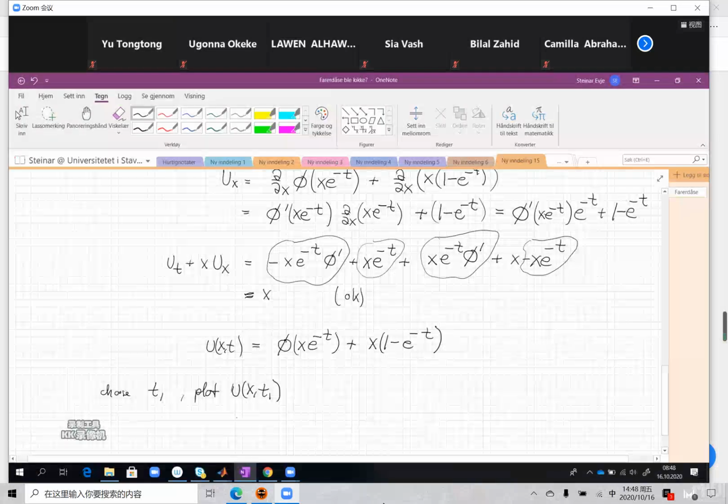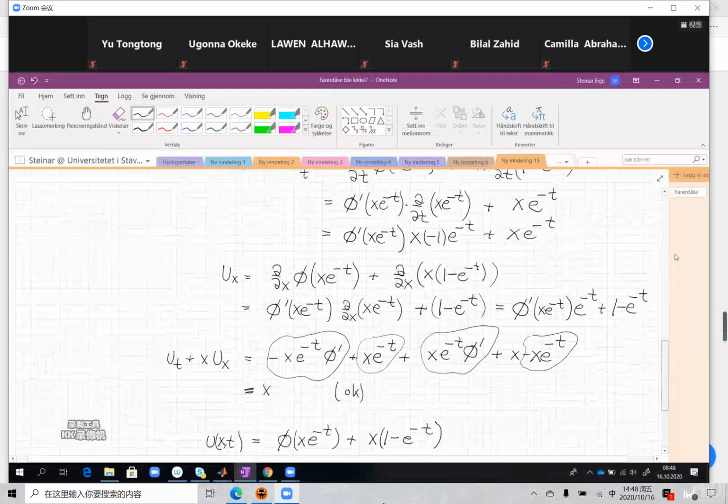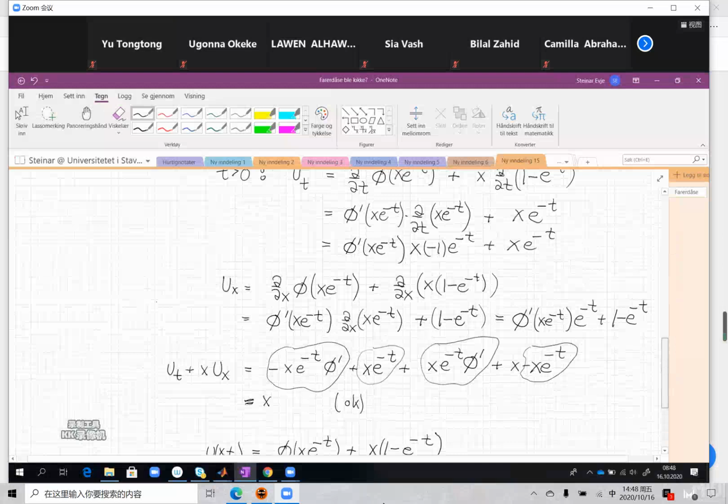And this is different. There is a tendency that students mix up this plot with the plot of the characteristics.